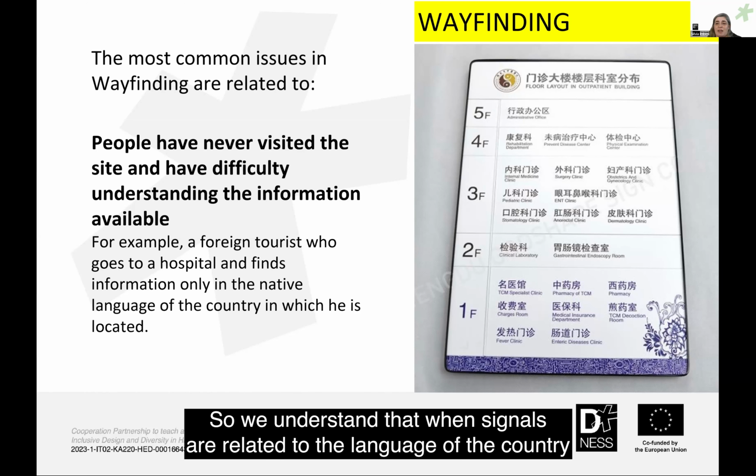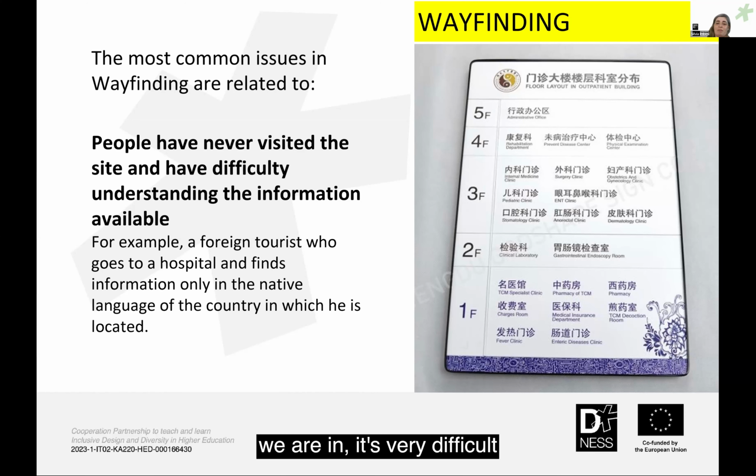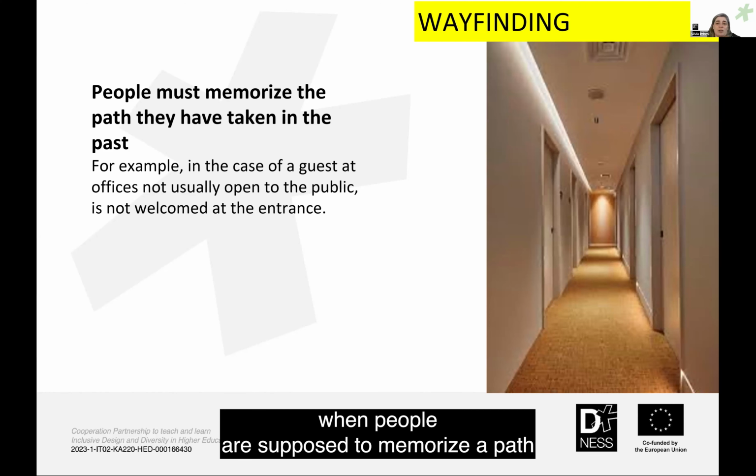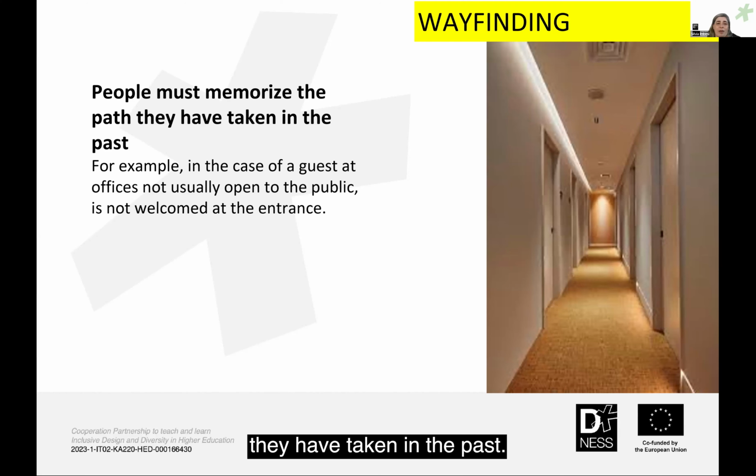So you understand that when signals are in the language of the country we are in, it's very difficult to interpret them. Another issue could be when people are supposed to memorize a path they took in the past, but they don't remember which it was.